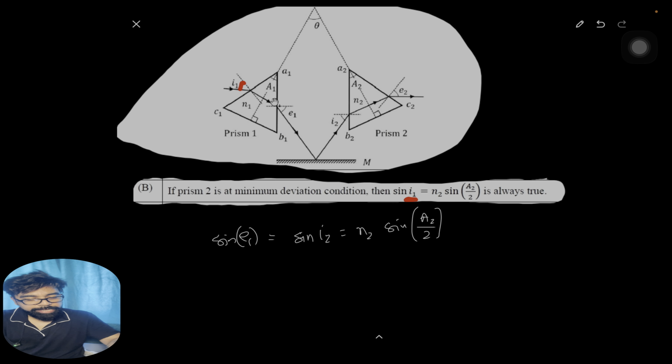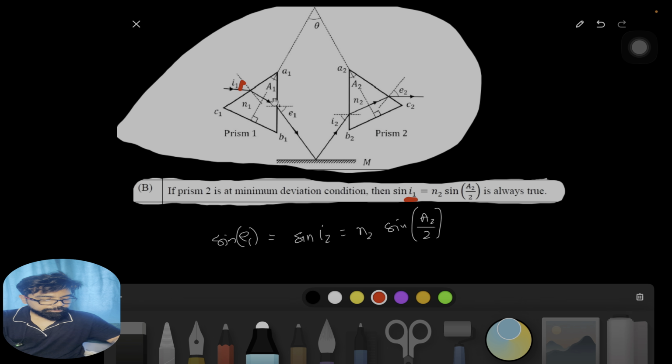I1 is this angle, and there is no relation between I1 and E1, because I1 will be equal to E1 only if prism 1 is in minimum deviation. But the question is saying prism 2 is at minimum deviation, and it is not mentioning anything about prism 1. So we don't know whether prism 1 is in minimum deviation or not. So the option saying this is always true is wrong.